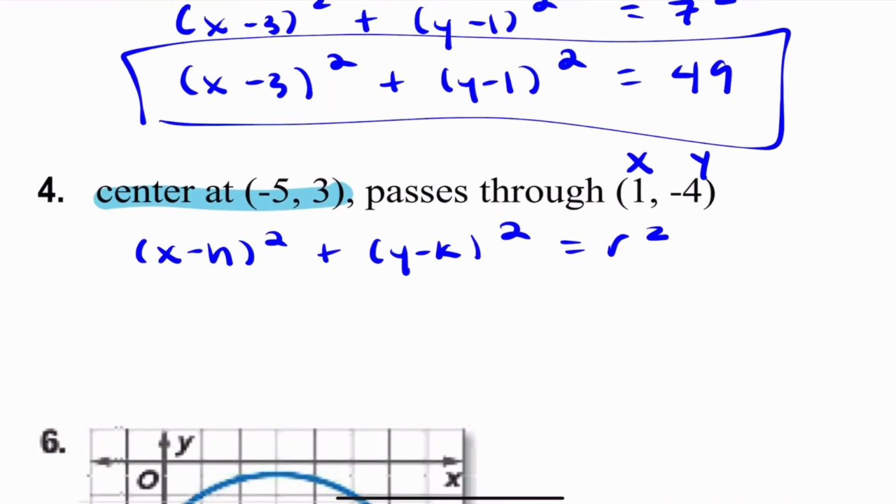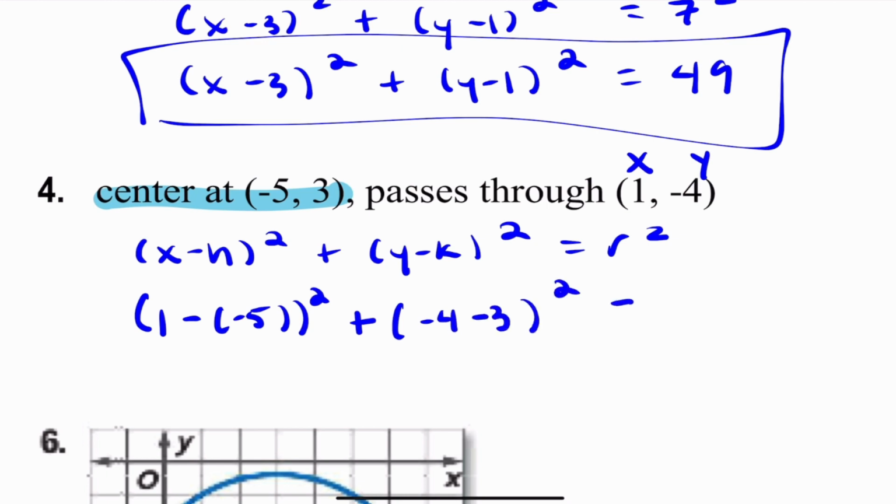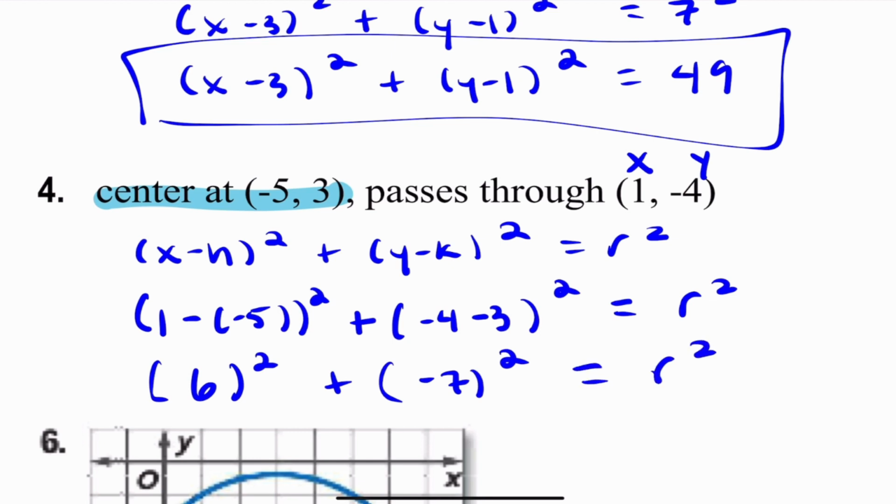So you should have (1 minus -5) quantity squared plus (-4 minus 3) quantity squared equals r squared. And then 1 minus -5 is just 6, right? 1 minus -5, that minus and a negative turns into a plus. So it's 6 squared plus (-7) quantity squared equals r squared.